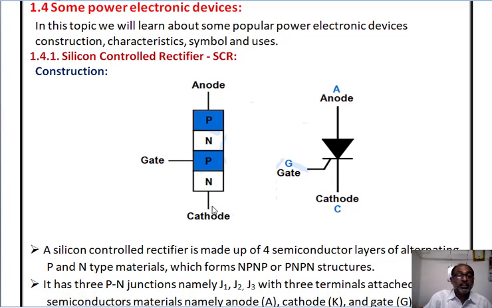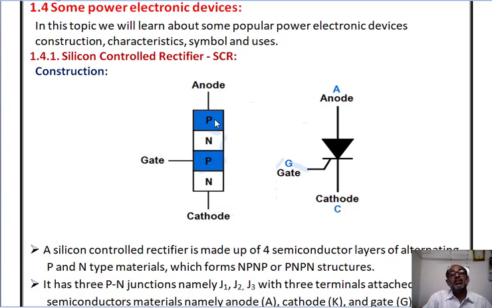Similarly, the cathode is a negative charge electrode, so the conventional current comes out from this terminal. So here we can say that current enters the SCR through the anode terminal, and current leaves the SCR through the cathode terminal.